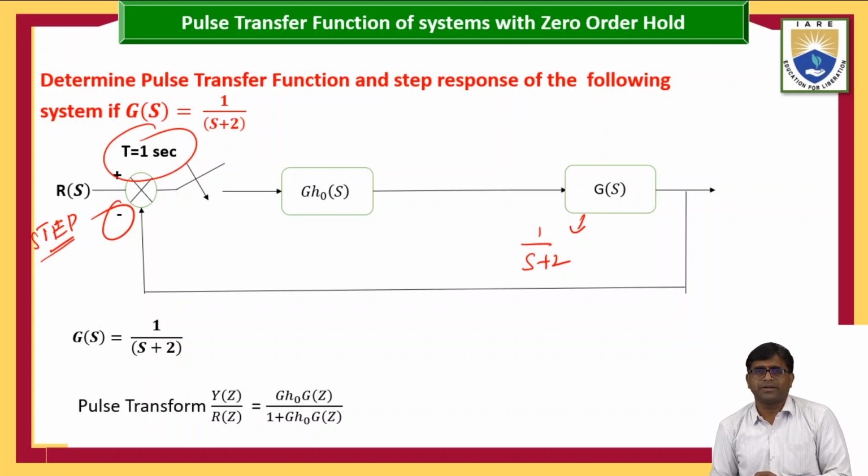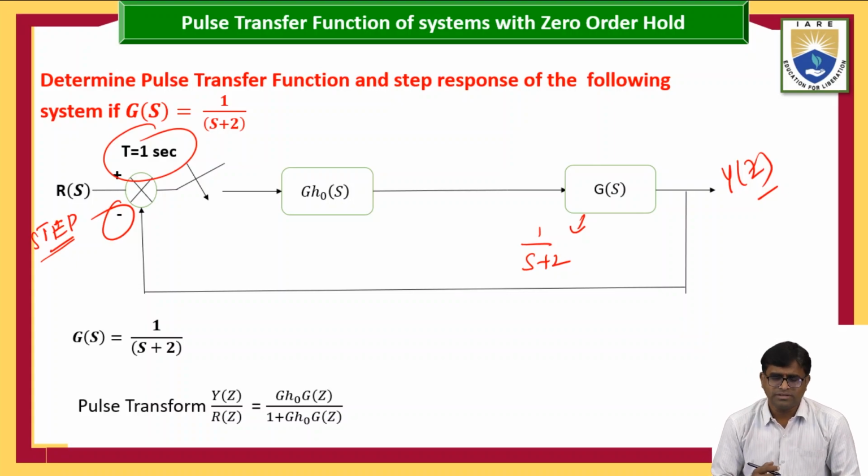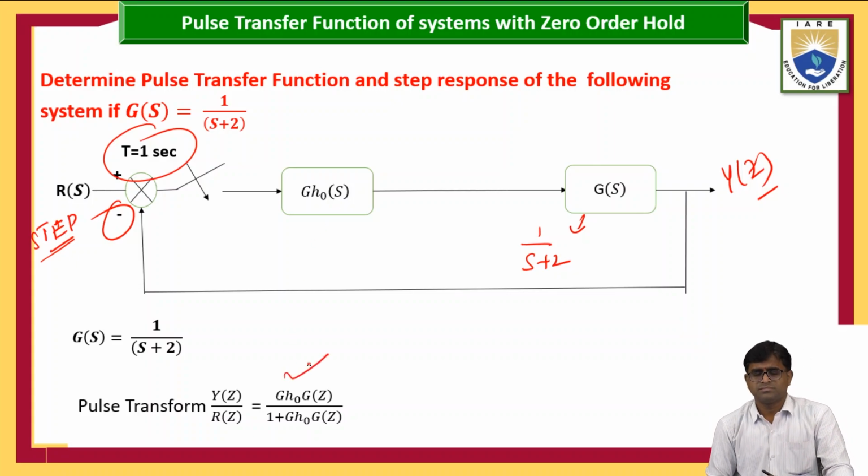So the pulse transfer function is Y of Z by R of Z equal to the forward path gain, G into H naught of G of Z, over 1 plus G H of Z.